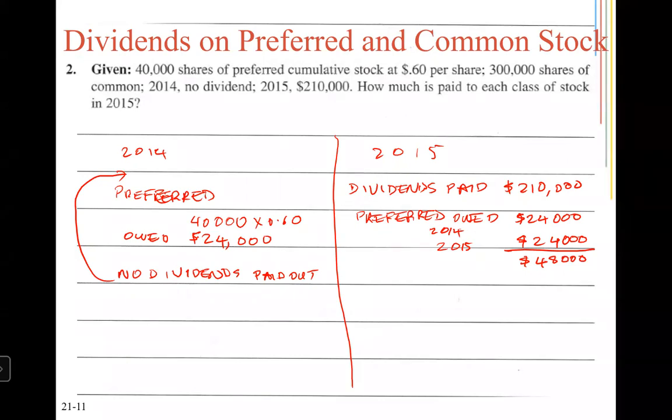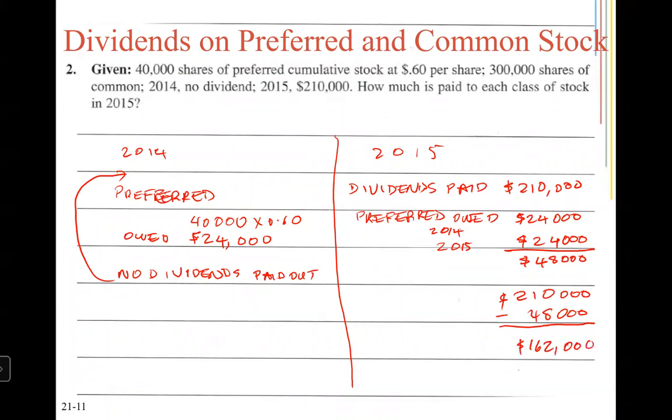So this is where I wasn't sure. So I take the 48,000 from the 210. Okay. So the common shareholders would get, so for common, you're going to say 210,000 minus the 48,000 gives you how much? 162,000.